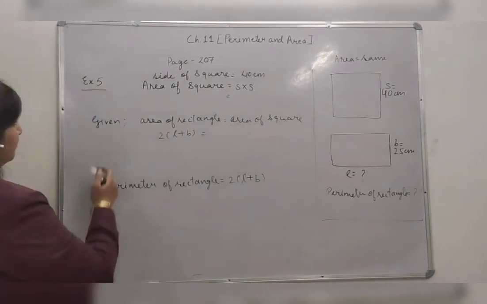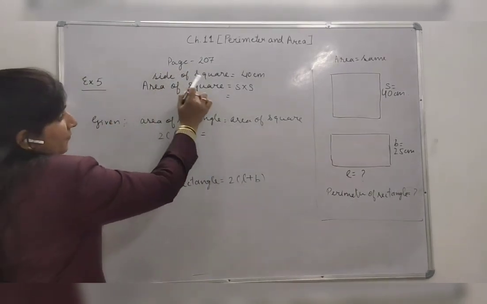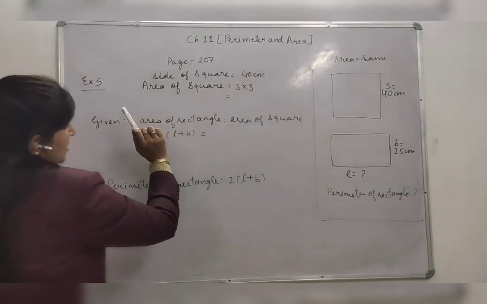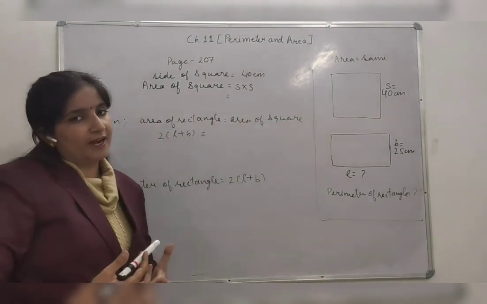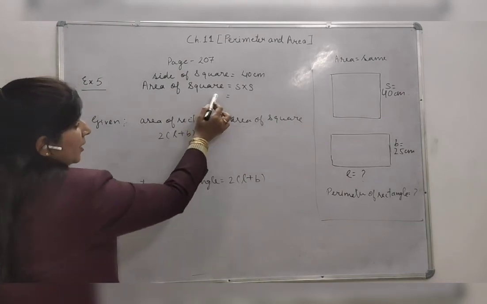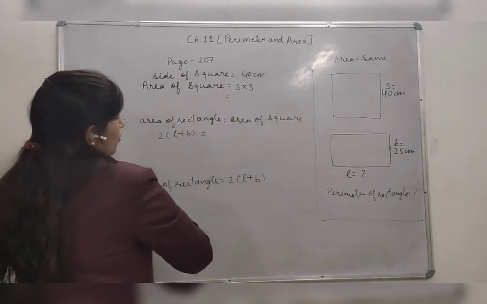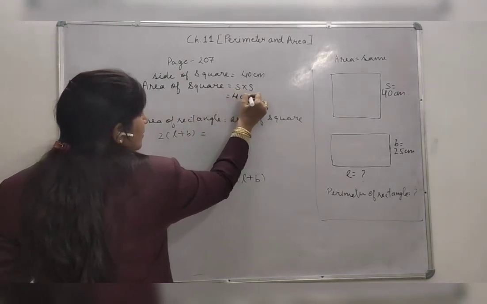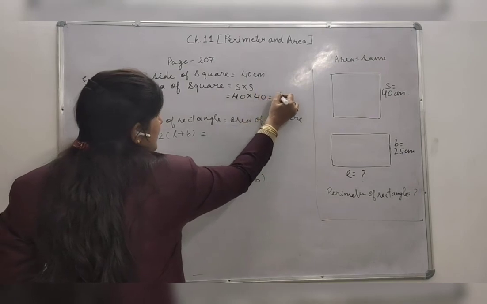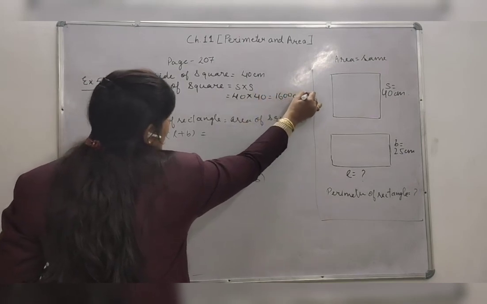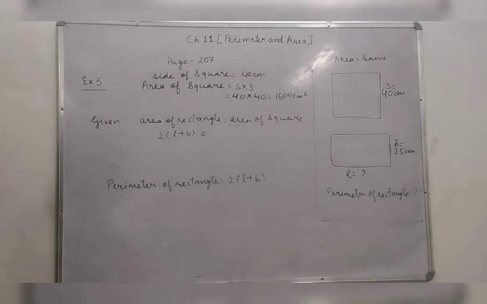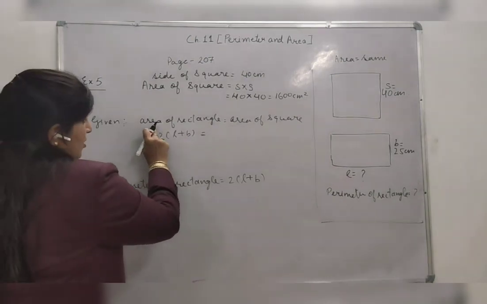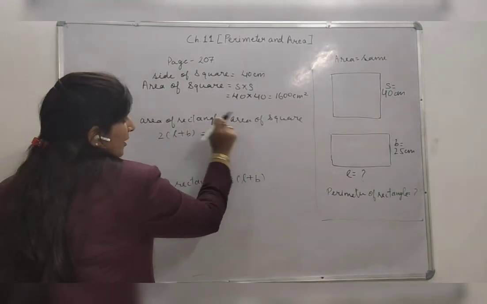So let us start. Side of the square which is given to us is 40 centimeters. So with the side we can find out the area of the square. So area of square is side into side as we know. So 40 into 40, that is 1600 centimeters square. So this is our area. Now it is given in the question that area of rectangle is equal to area of square.